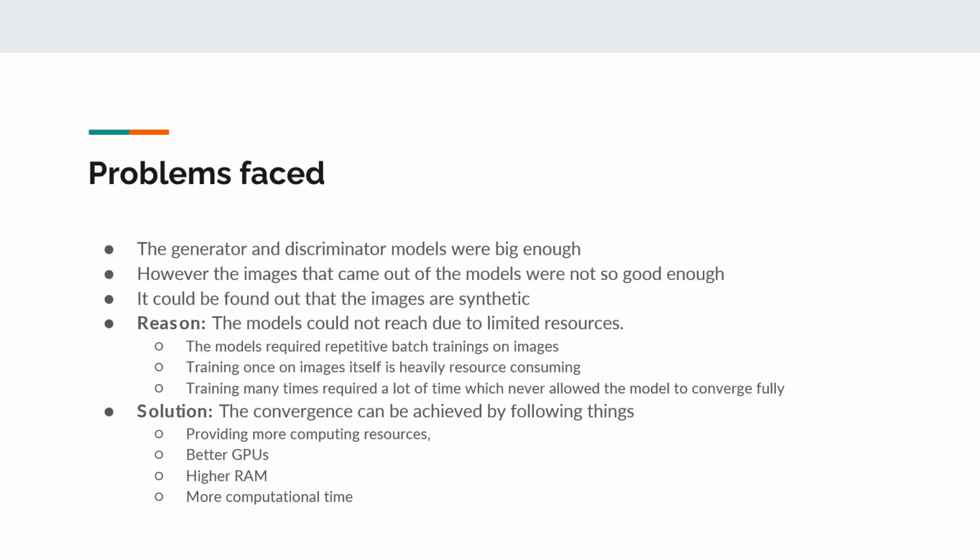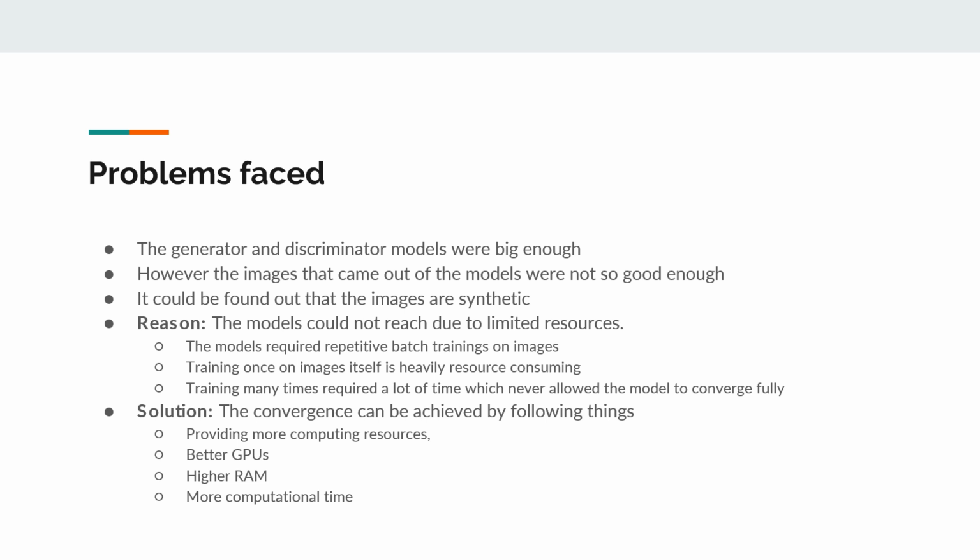The problems we faced while doing this project were that the generator and discriminator models were not big enough. As you can see, the images that came out of these models were not good enough. It can be found that these images are synthetic. The reason might be that the models could not be scaled to the limited resources we have.